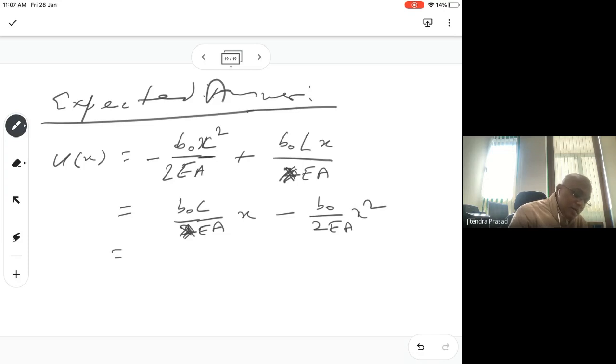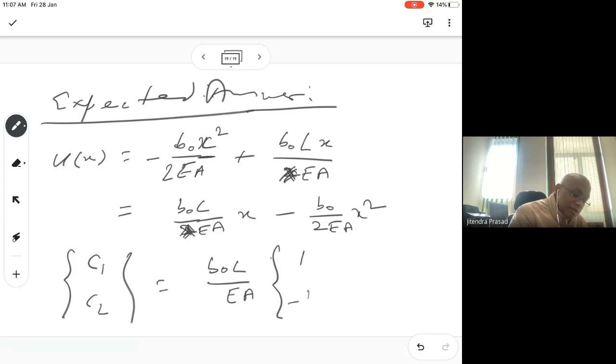That means you should get C1, C2 is equal to B naught over EA times L minus half L. This is what you should get. This is the expected answer.